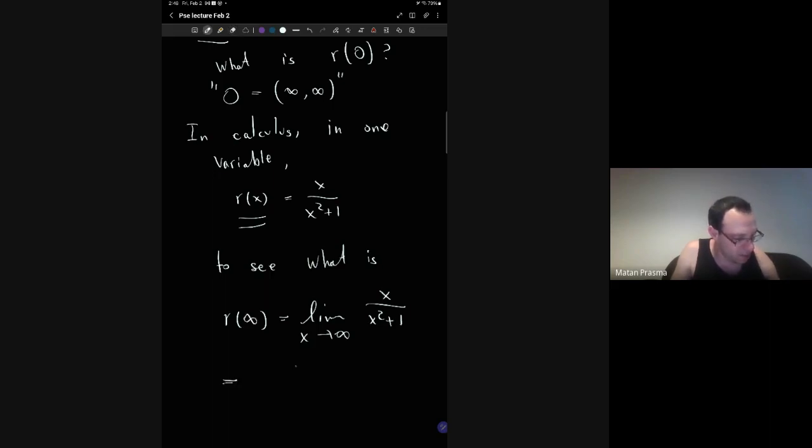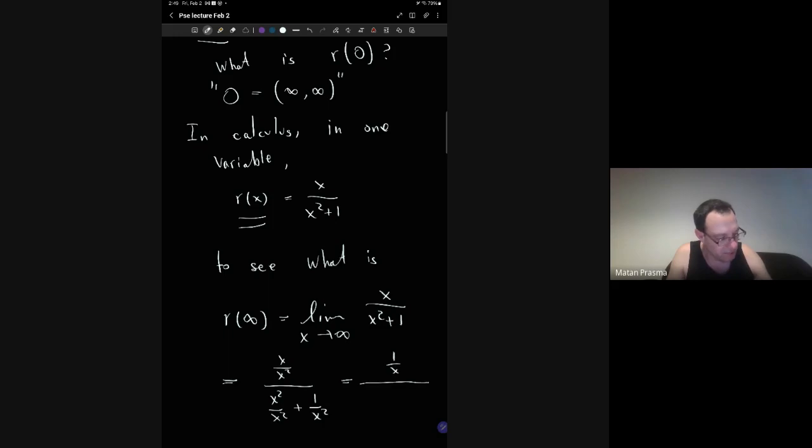And what we do is we divide by x squared both the numerator and denominator. So we have x over x squared divided by x squared plus 1 over x squared. And this is 1 over x divided by 1 plus 1 over x squared. And I should put the limit everywhere.